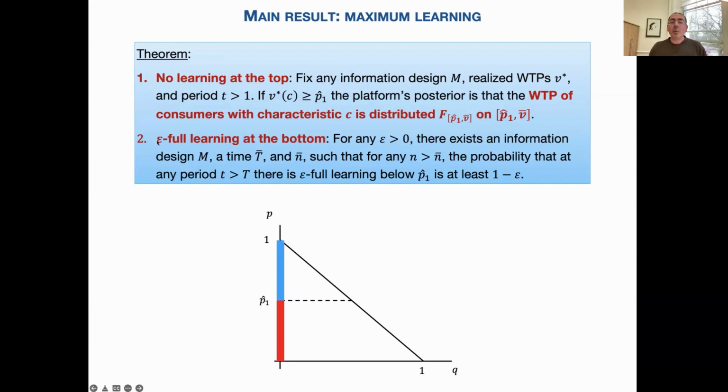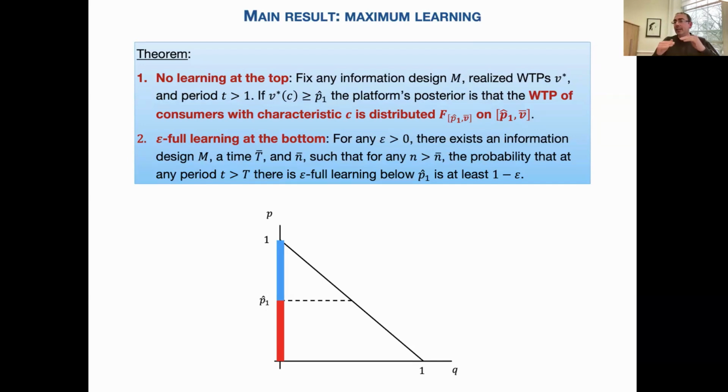However, if your value is below the monopoly price, then for any epsilon, there exists an information design, a time, and a number of characteristics, so that if the number of characteristics is sufficiently large, then with probability almost 1, you learn everything below P at 1.